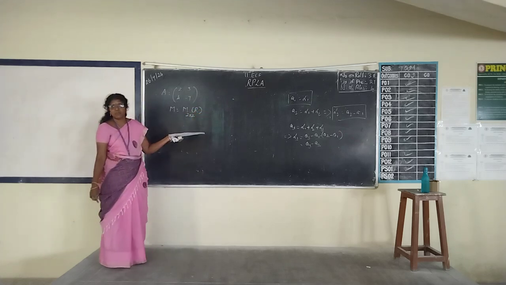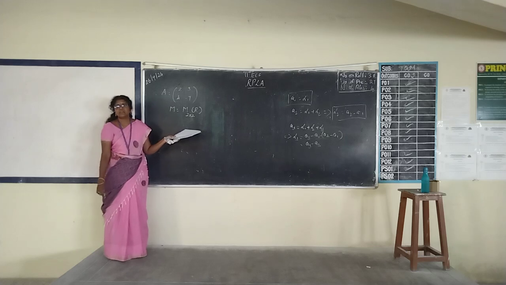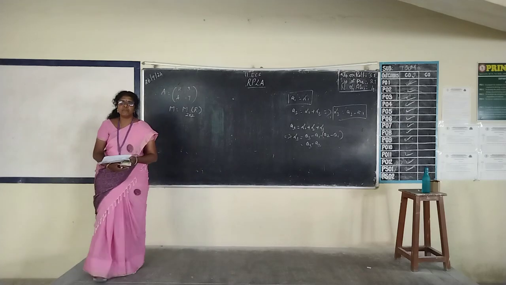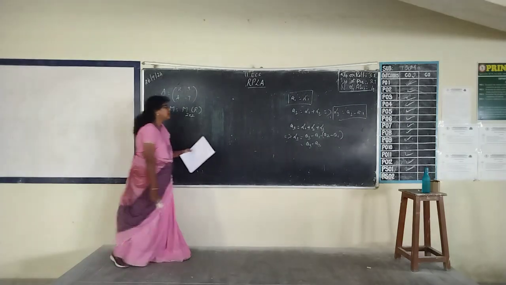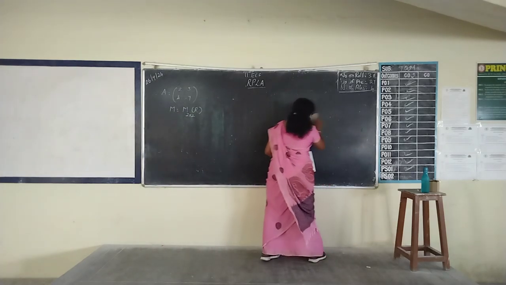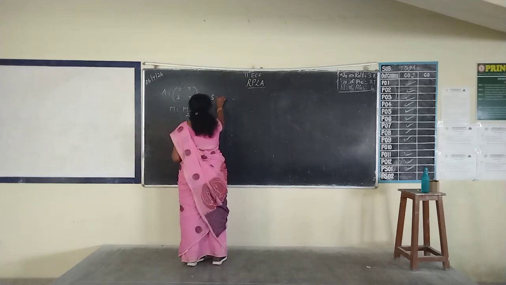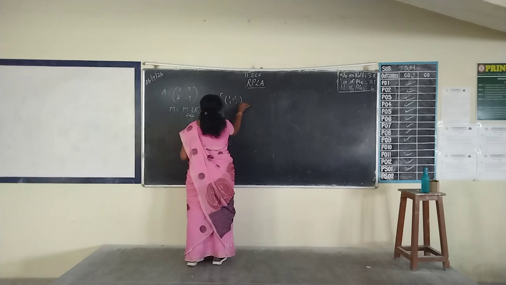What is the meaning of this? 2 by 2 matrix means 2 rows and 2 columns. And R represents real numbers. All the elements will be real numbers. So continue, relative to the basis X, which is equal to: first element 1, 1, 1, 1.